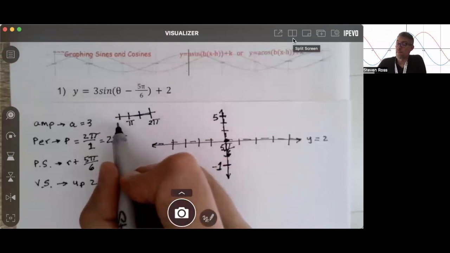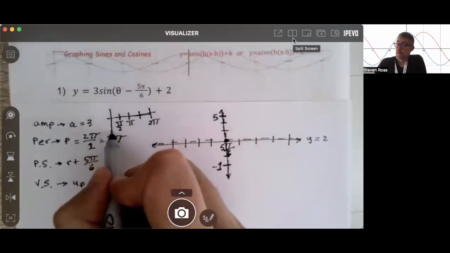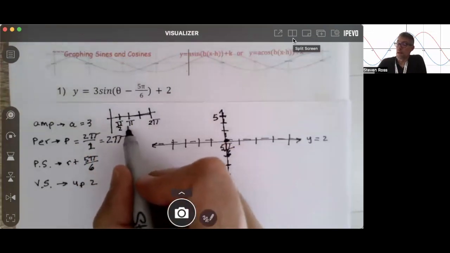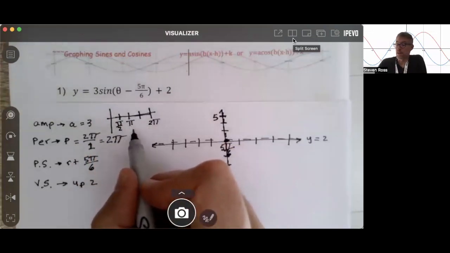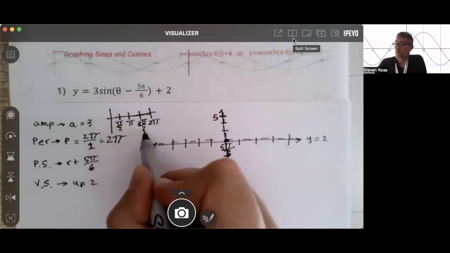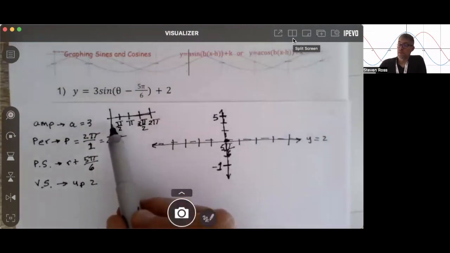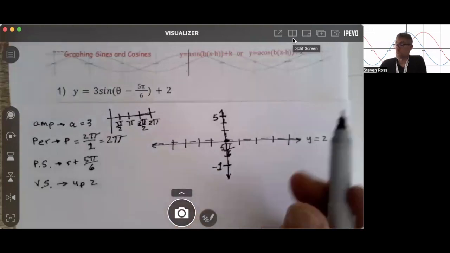Half a pi is pi over 2. And so I know that every hash mark is going to be adding another pi over 2. So this one will be 3 pi over 2. And that's if we start at 0. It would go 0, pi over 2, pi, 3 pi over 2, and 2 pi.